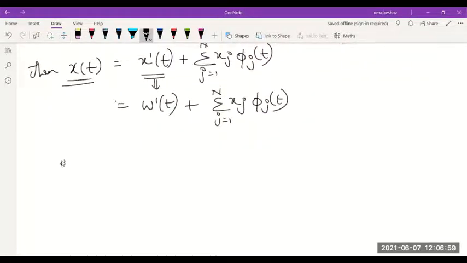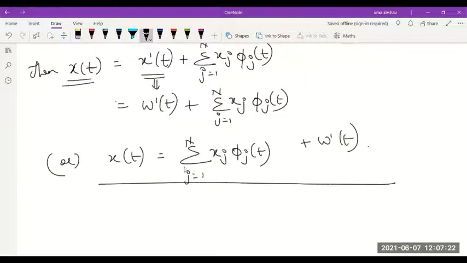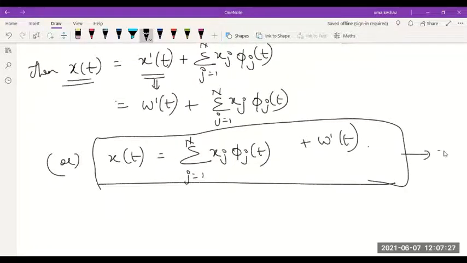Or I can just say x of t is the summation j is equal to 1 to n xj into phi j of t, I'll write this term in the beginning. This gives us the analysis function, plus w dash of t. So this would be the representation.